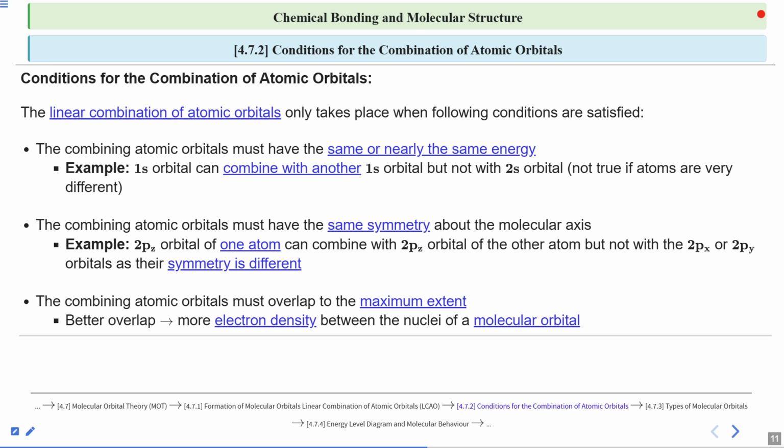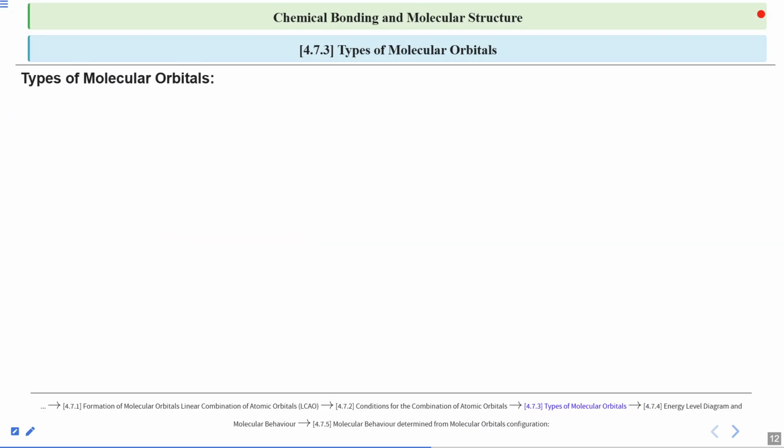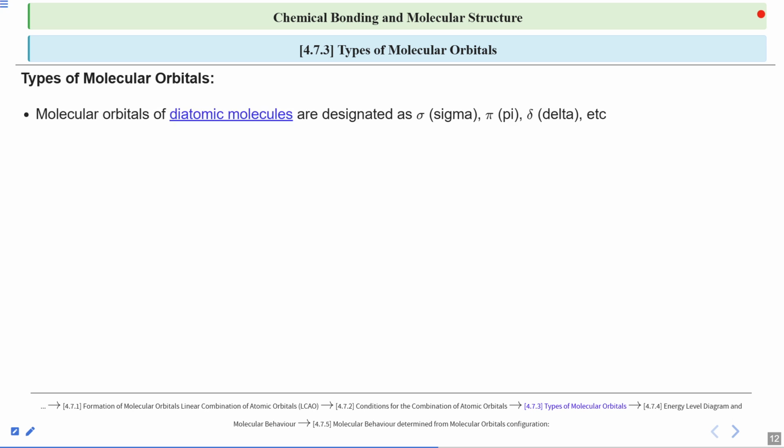Let us try to implement this. We'll see the implementation of this in the later slides. Due to the implementation of these things, various types of molecular orbitals are possible. What are those? Sigma, pi, delta.